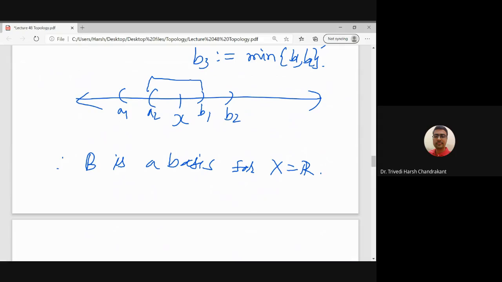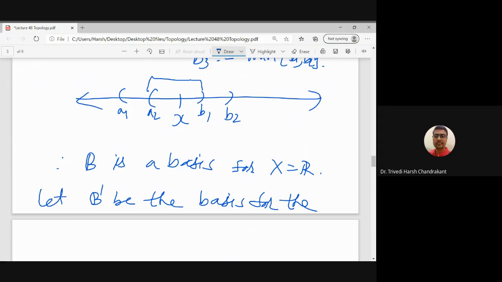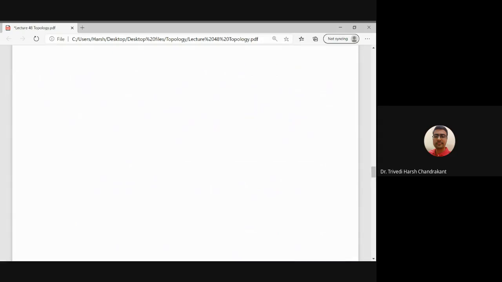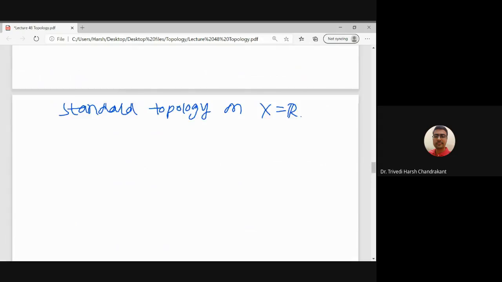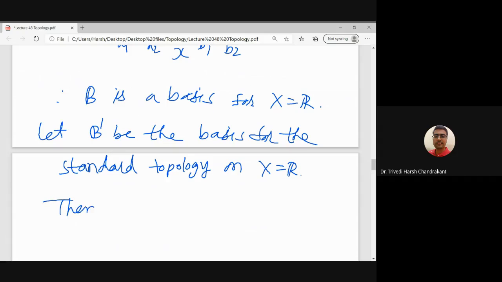Let B' be the basis for the standard topology on X equal to R. Then B and B' will generate the same topology.